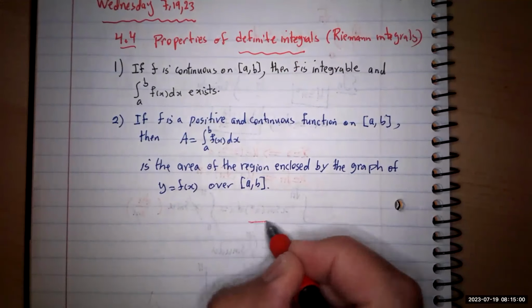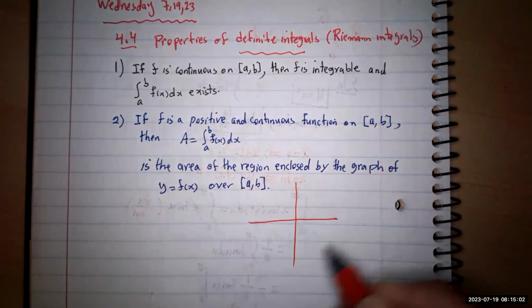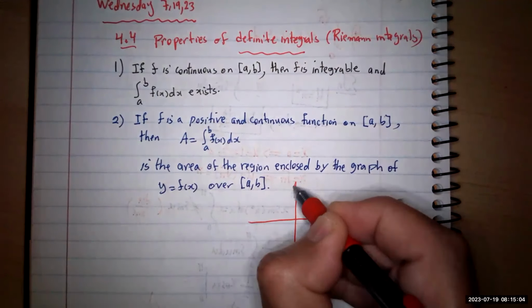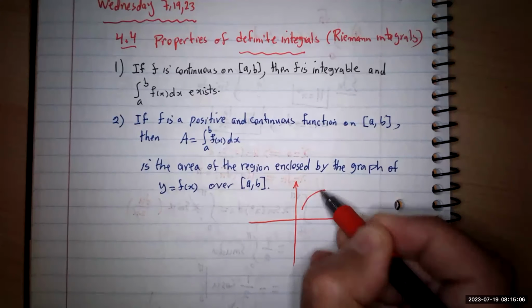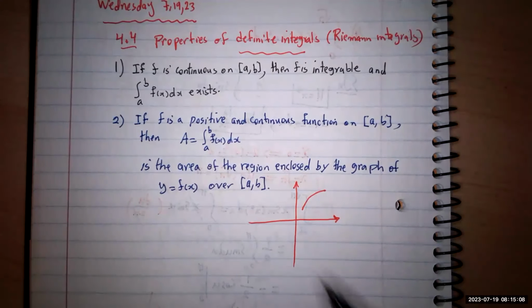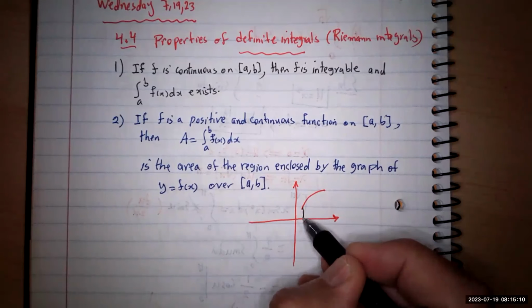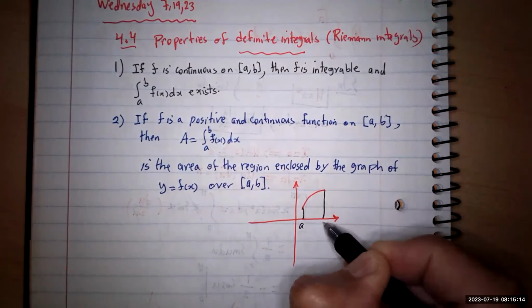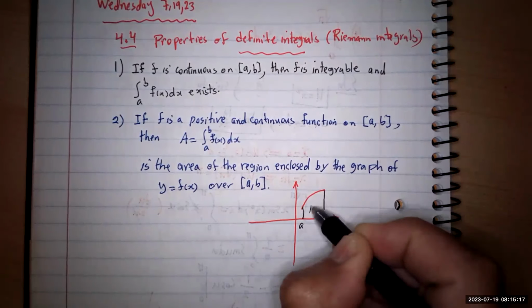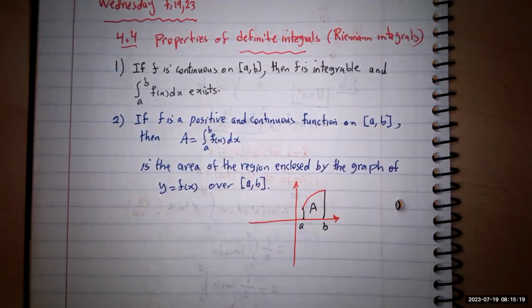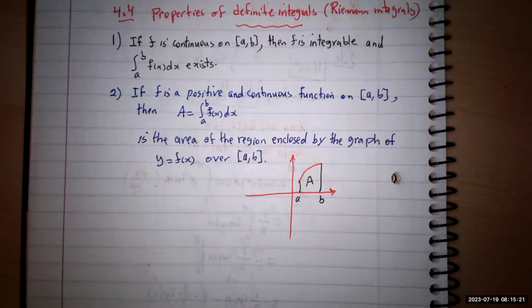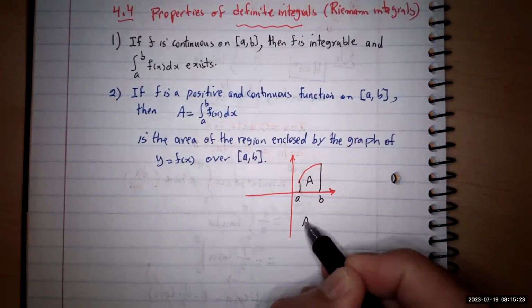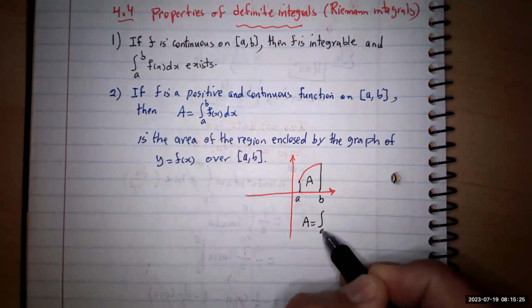So if this is the graph of the function, and it's defined between a and b, then this area can be defined by the definite integral: A is equal to the integral from a to b of f of x dx.